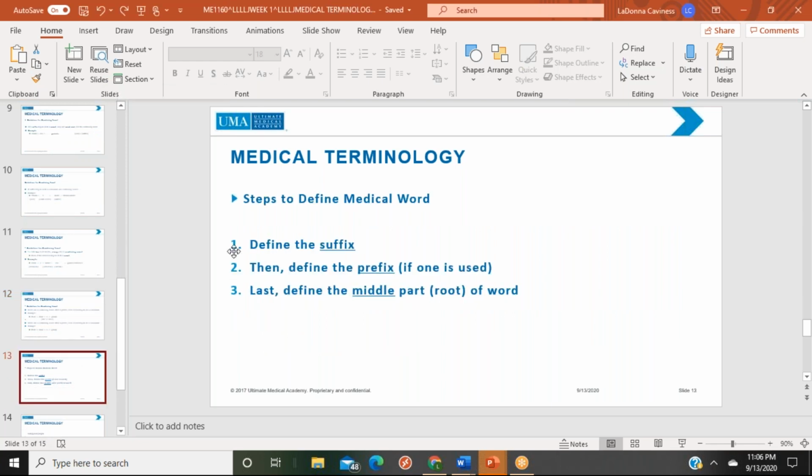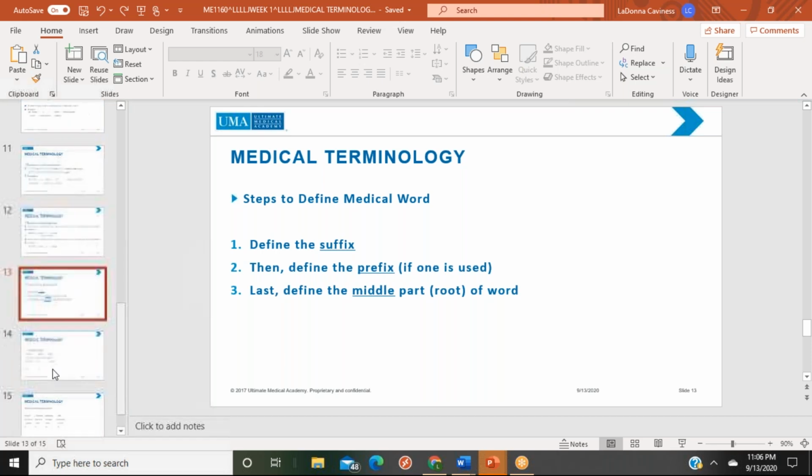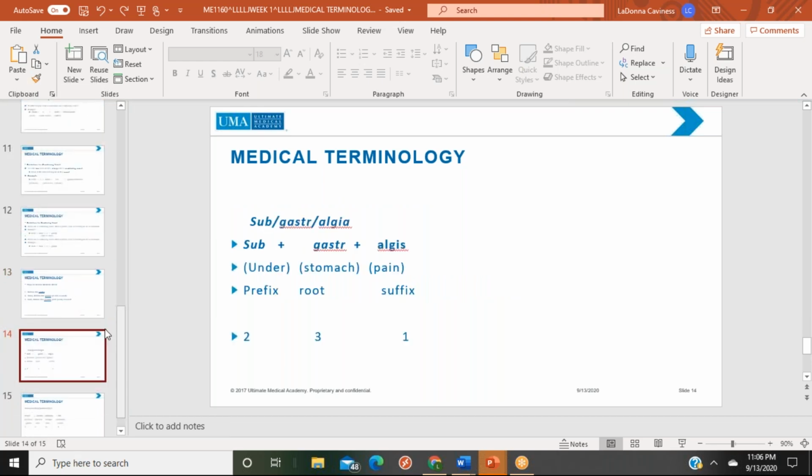Steps to define medical words. First you want to define the suffix, then you want to define the prefix if one is used, and last you want to define the middle part, which is the word root or root word. I've provided some examples here. Subgastralgia: SUB means under, and this is your prefix.